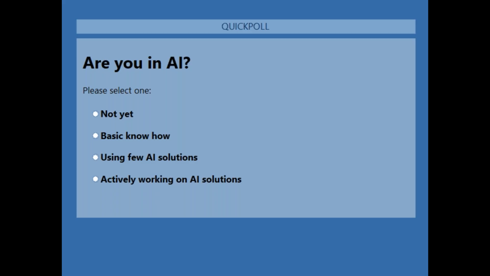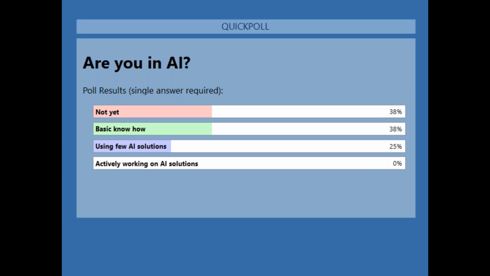I've got about 89% votes and I'm closing this. Let's see what people have said. Close and share. So from the audience, this is what came up, team. I would love to see that last one, actively working on AI solutions, at 0% increase as we go through this training. Not yet is a good thing.